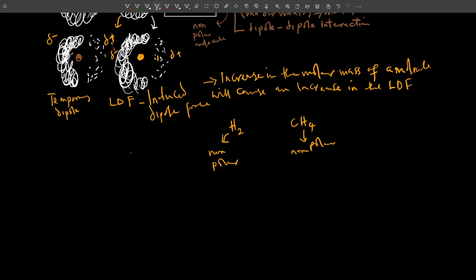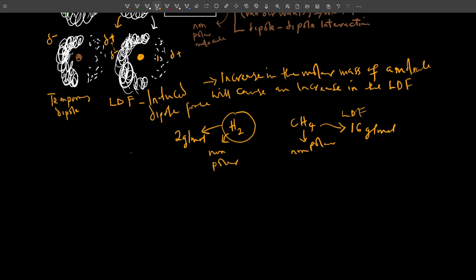This means that the kind of force that will exist between the molecules is London dispersion force. But which has a greater London dispersion force, H2 or CH4? The molar mass of H2 is around 2 grams per mole, and the molar mass of CH4 is around 16 grams per mole.